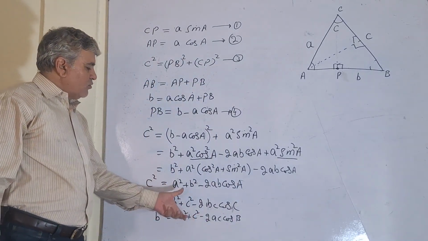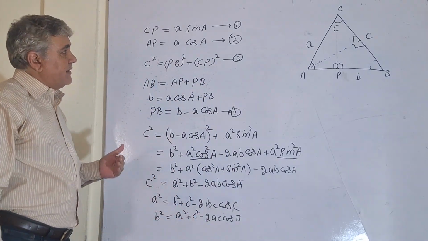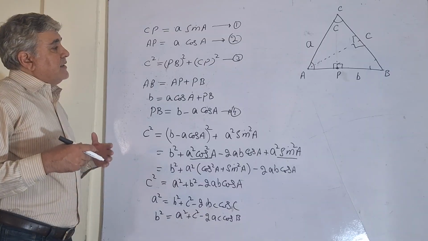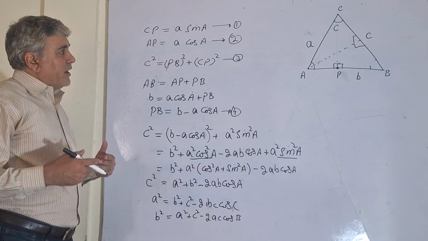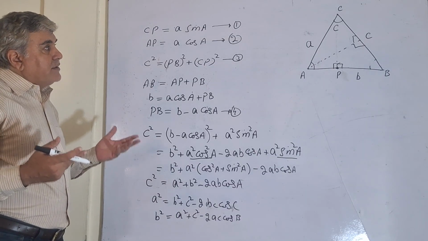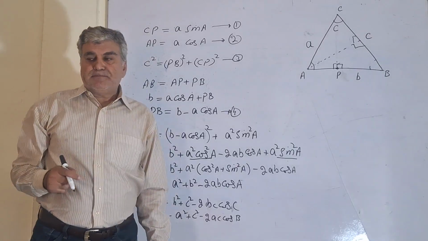This is what we call the cosine law, and we use it to find the side length of a triangle in general, not necessarily a right angle triangle.